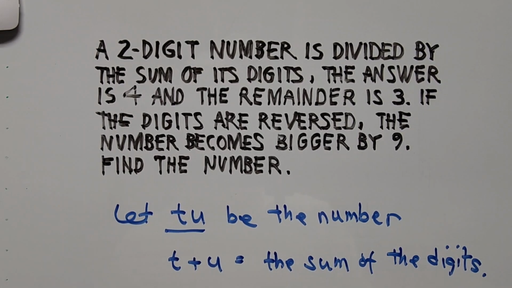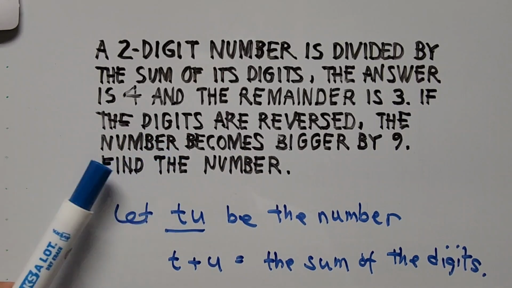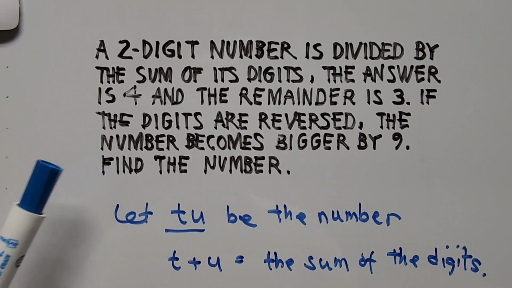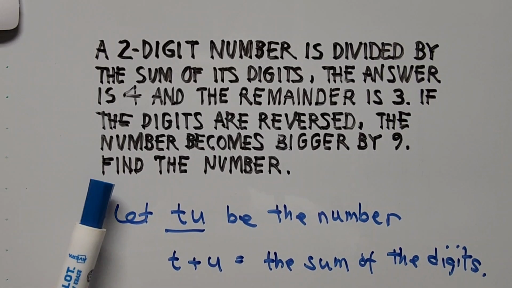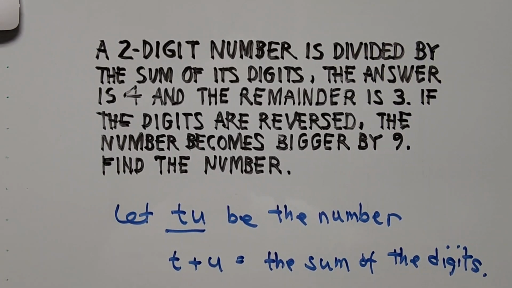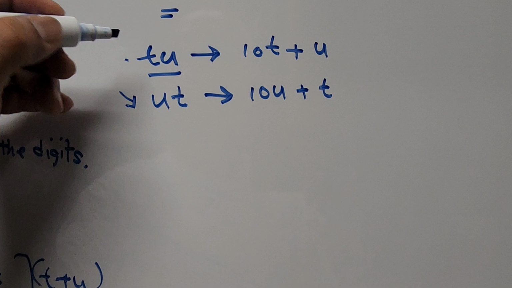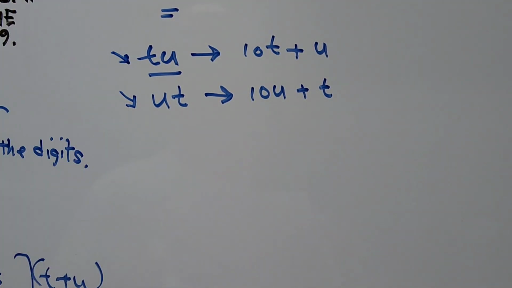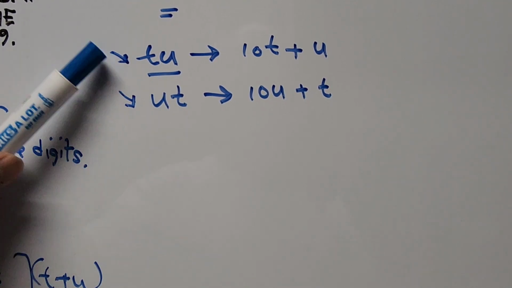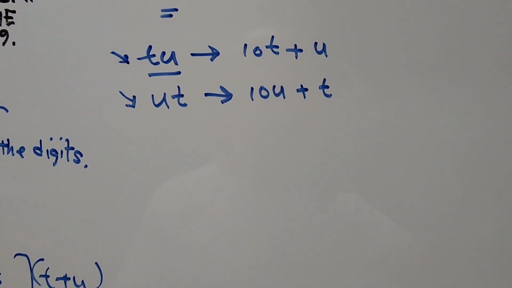So this will be the new number, and this is the original number. Based on our word problem, if the digits are reversed, the number becomes bigger by 9. And then the question is, find the number. So how do we write an equation out of that one sentence in the word problem? The new number becomes bigger by 9. So the difference between the two is 9.